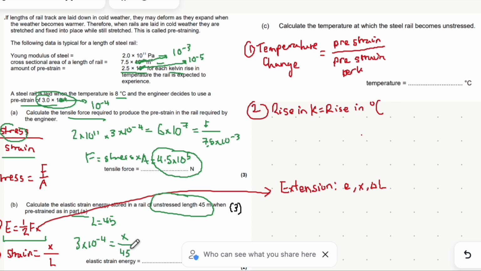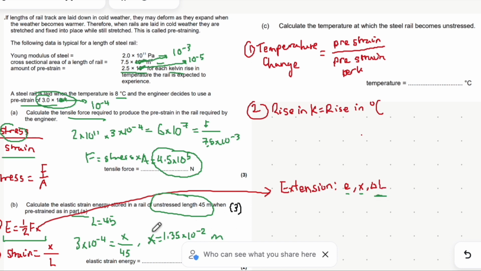Multiply both sides by 45 and you'll get your extension, which in this case will be 1.35 times 10 to the minus 2. I also just made a little note here that in different specifications, extension can be represented by different variables. So it can be x, like we're using in this question, it can be little e, or it can be change in length.